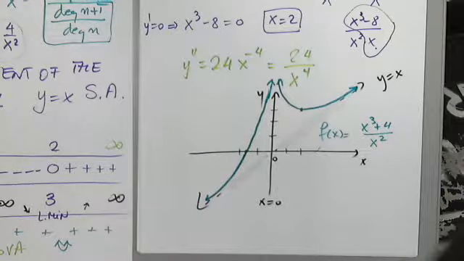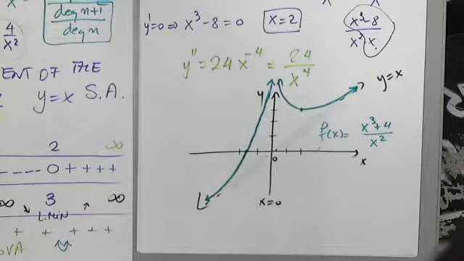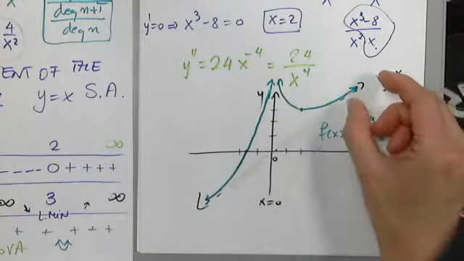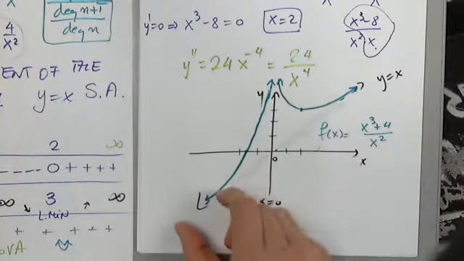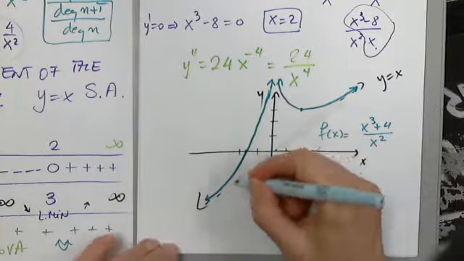I have to graph the entire line. But here, it doesn't mean anything. The meaning of the slant or horizontal asymptote is right here, this piece and this piece towards infinity. That's why a function can cross a slant or a horizontal asymptote, but never a vertical. Okay, so now I can put it back.